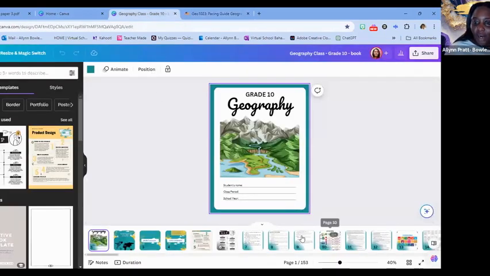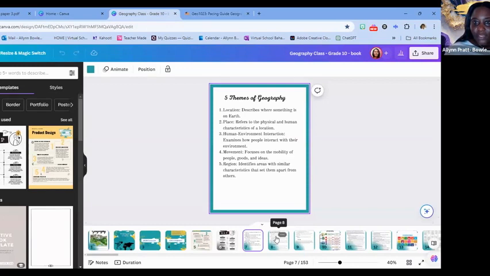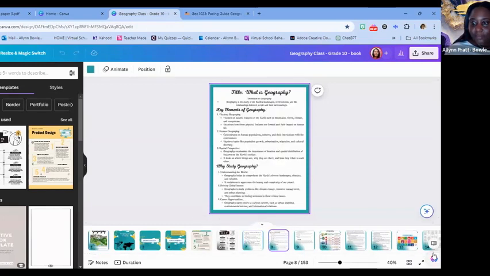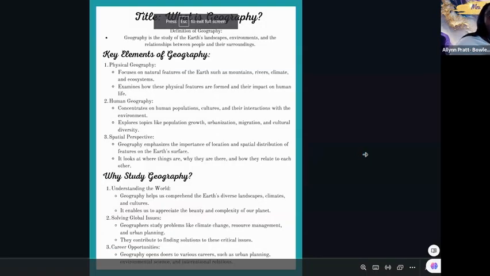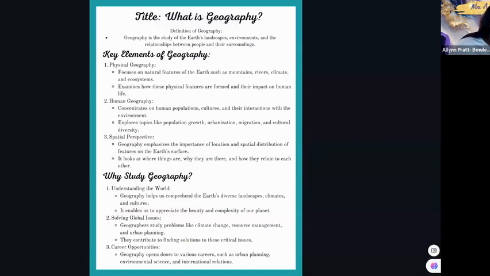So let's start with what is geography? I'm just gonna make this one a little bit bigger. So geography is the study of Earth and landscapes, environments, and the relationship between people and their surroundings. We know that we have physical geography, we have human geography, and then we have spatial geography that refers to the mapping stuff.